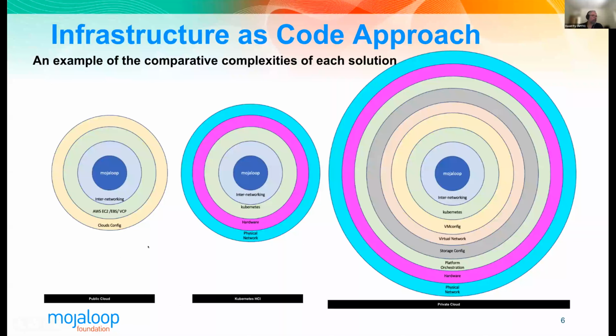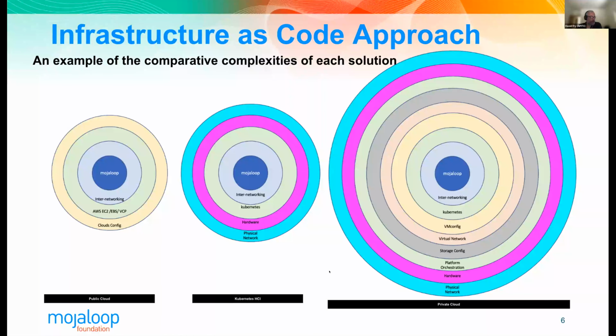So this is a diagram, and I don't know how well it comes across on your screens, but just to show in terms of the onion layers, when we're dealing with public cloud, when we're dealing with Kubernetes on bare metal versus if we are requiring private cloud to be installed as well.